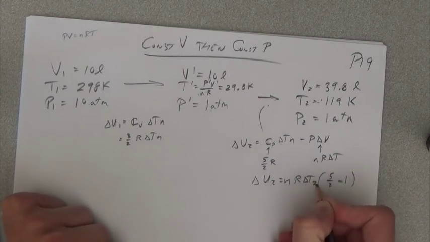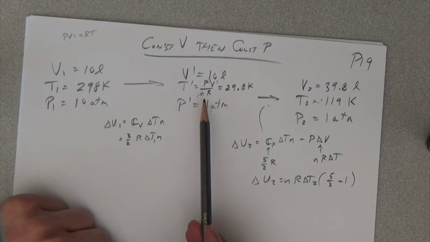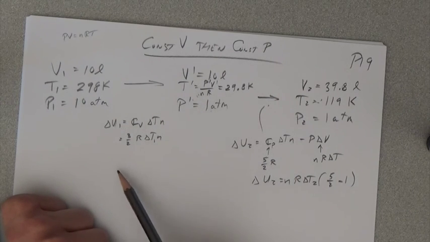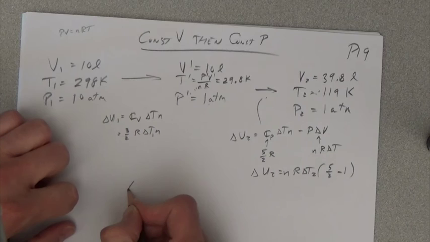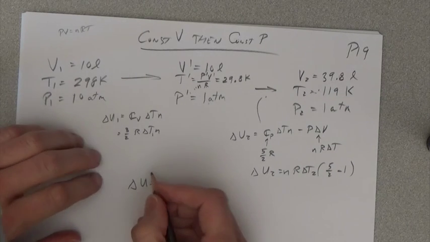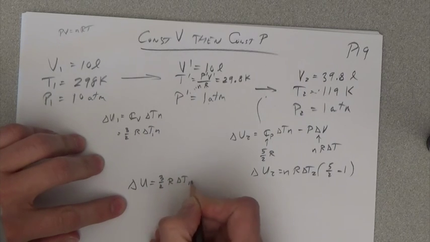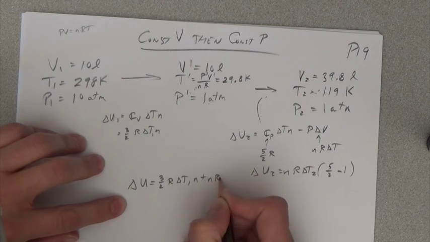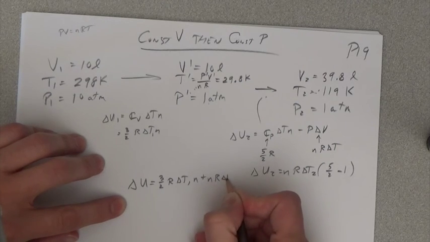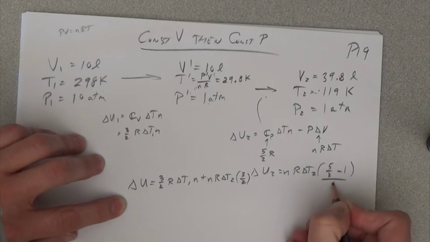Let's call this delta T2 and this delta T1, because that temperature to that temperature and that temperature to that temperature are two different delta T's. And that means now that delta U is equal to 3/2 R delta T1 N plus N R delta T2 times 3/2.